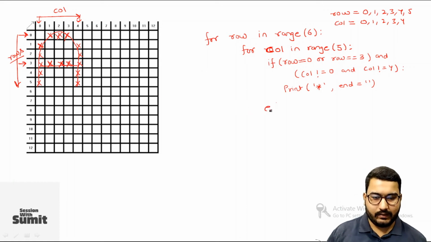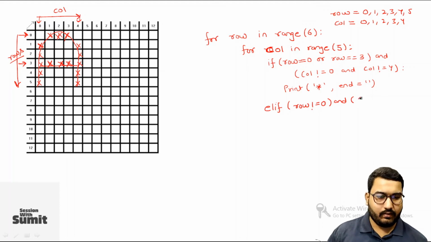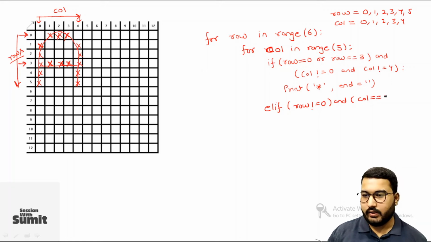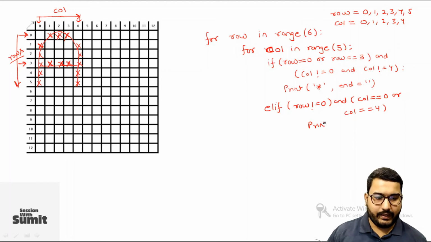So I'll write the next condition, elif, if my row is not equal to 0 and my column is 0 or 4, so my col is equal to 0, or your col is equal to 4. Now in this particular condition you want again the crosses. So print your star, and it will be end equal to nothing.